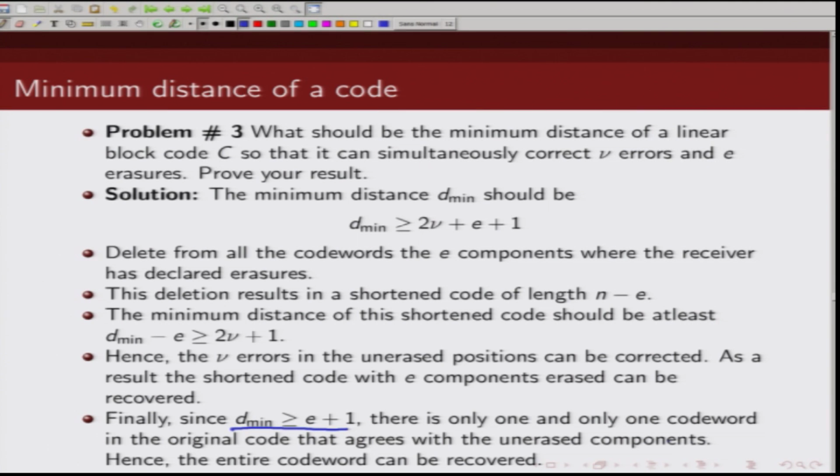And since in this case the d minimum is already 2 mu plus E plus 1, which is greater than E plus 1, this code would be able to correct E erasures as well. So, if we choose a minimum distance of the code to be greater than or equal to 2 mu plus E plus 1, it would be able to correct mu errors as well as E erasures.